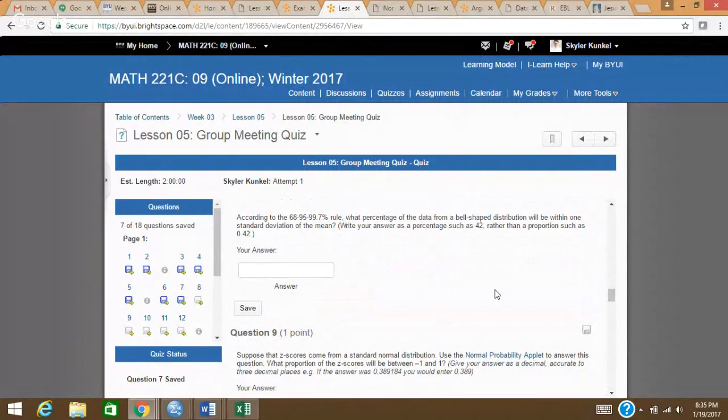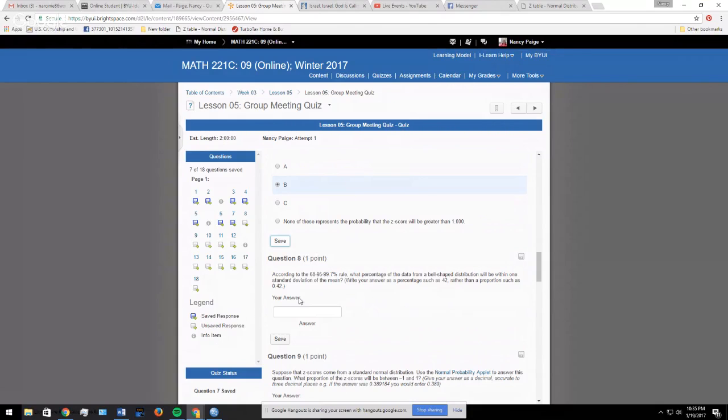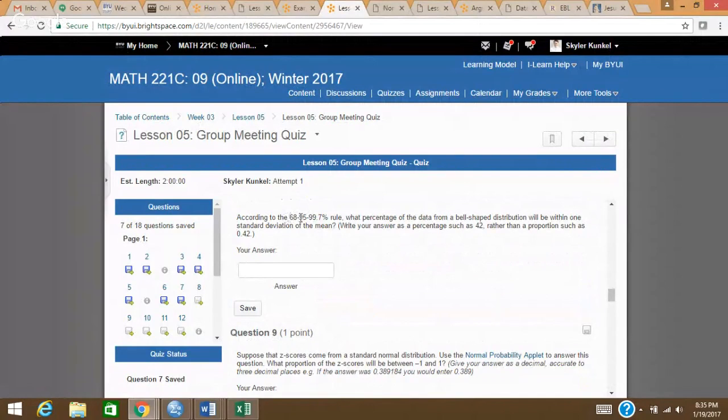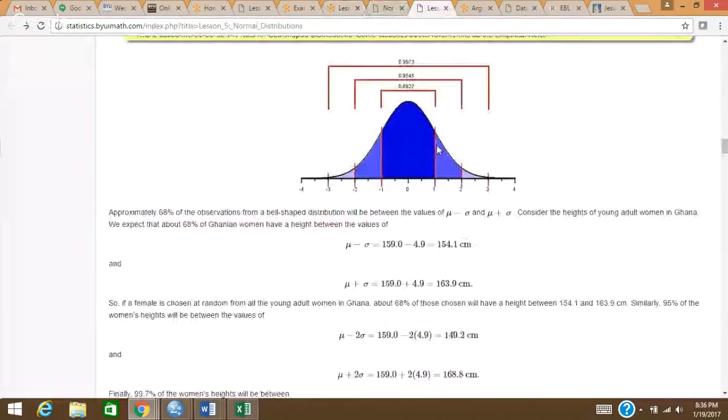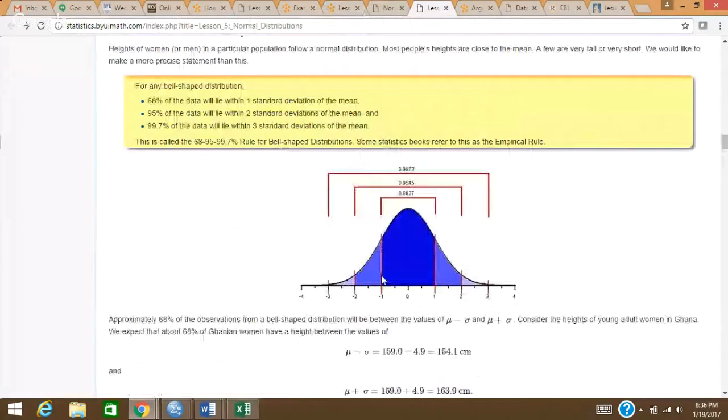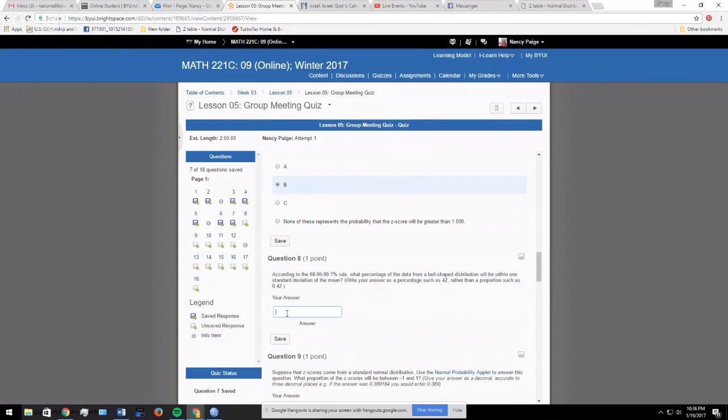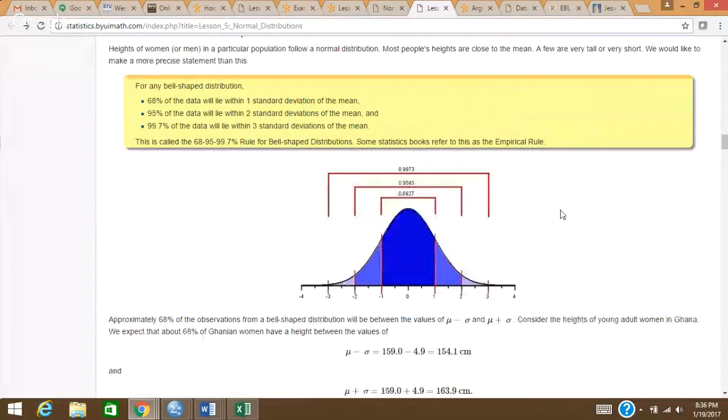One standard deviation is 68, two standard deviations is 95, three standard deviations is 99.7. Okay, I see it now. Can you see my screen? I'm sharing it. So one standard deviation is 68. Uh-huh. Okay.